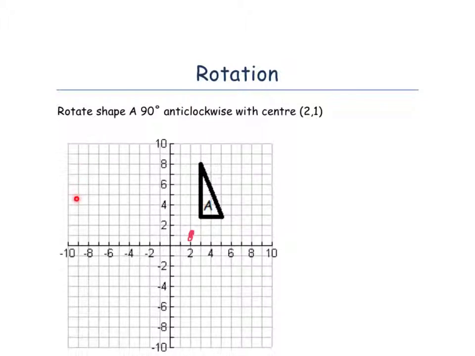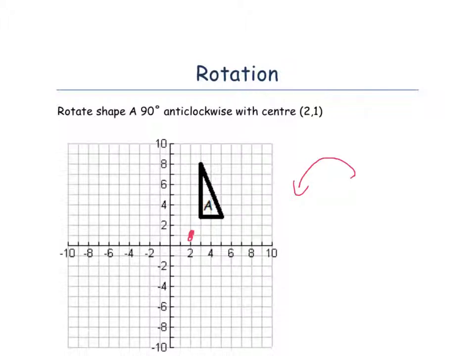And if you use your paper landscape or portrait, then you just need to turn it so it goes from portrait to landscape. Now, as I said, this direction is anti-clockwise. So what we're going to do is take the shape anti-clockwise 90 degrees.